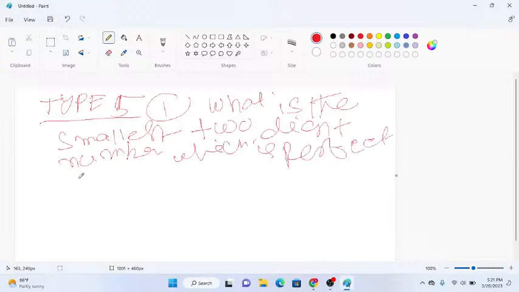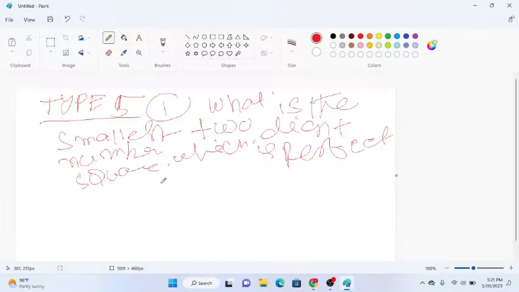So write down in your notebook, type number 5: what is the smallest two digit number which is a perfect square?